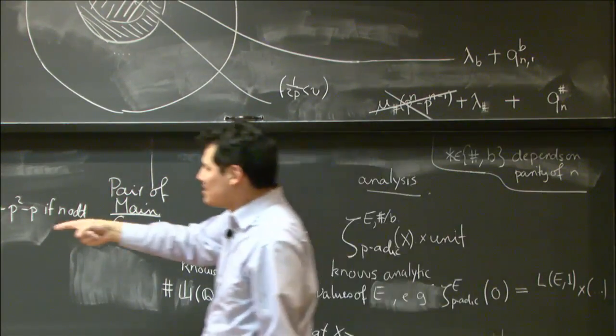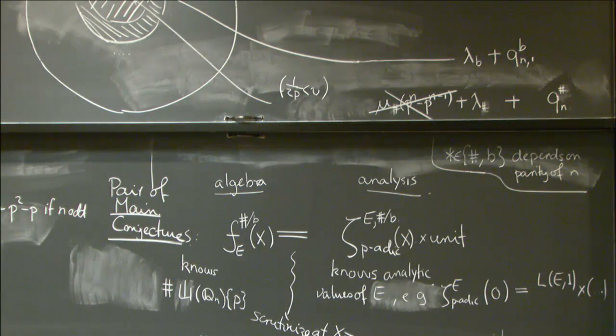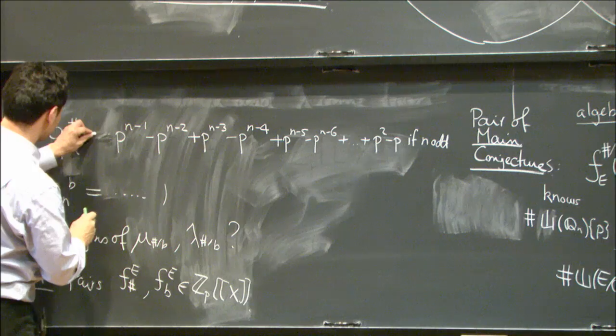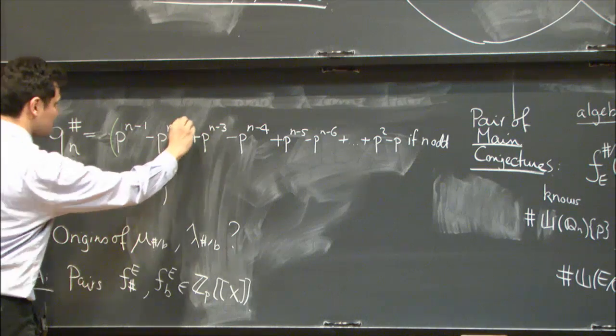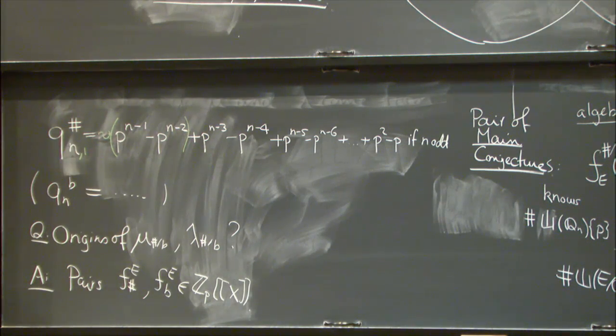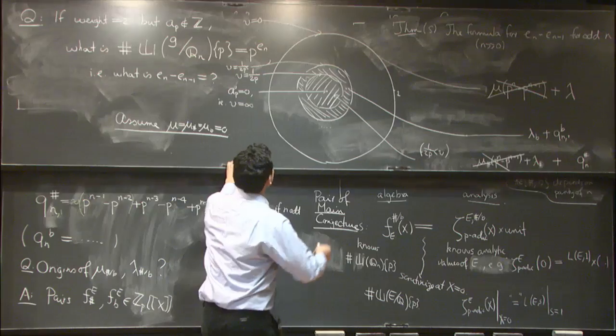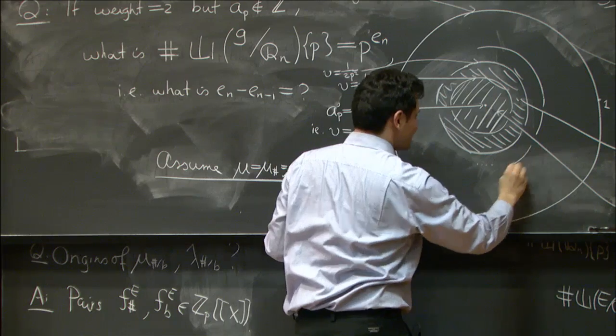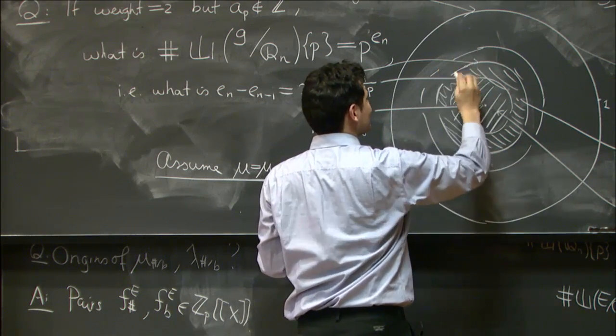So this term, which is big when p divides ap, becomes modified. So instead of this term, you have a slightly smaller term. And well, the story continues. So you can then after that look at another annulus.